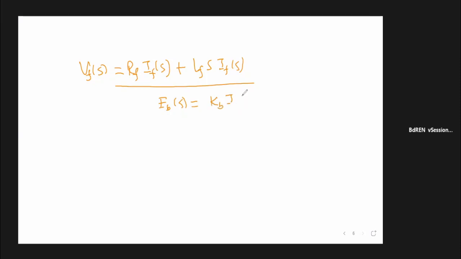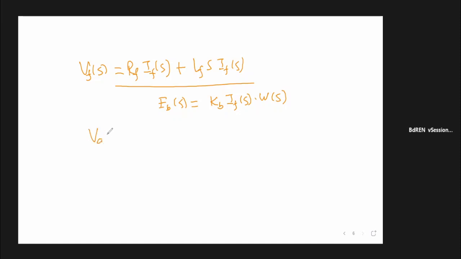It will be VF(s) is equal to RF IF(s) plus LF s IF(s). You can easily solve for IF(s). Once IF(s) is available, you can find EB(s). Your EB(s) would be equal to K, say KB, the EMF constant, into IF(s), into omega(s). We do not know yet how omega(s) will come.